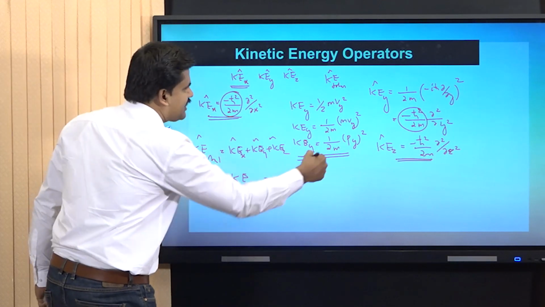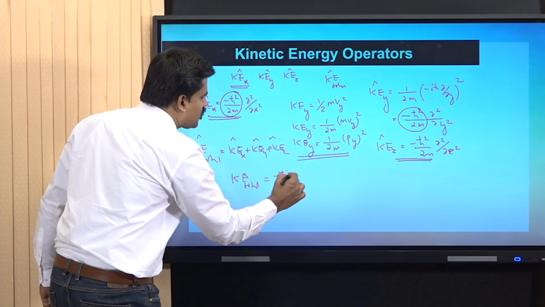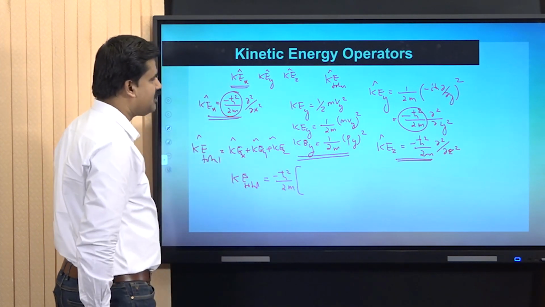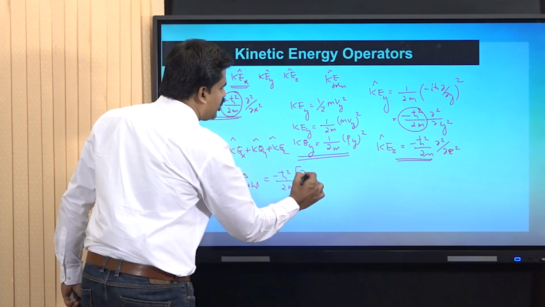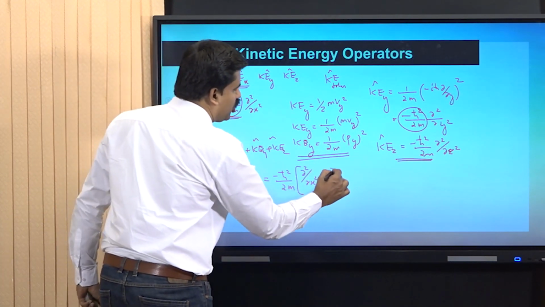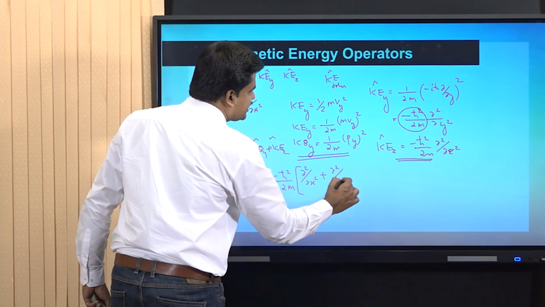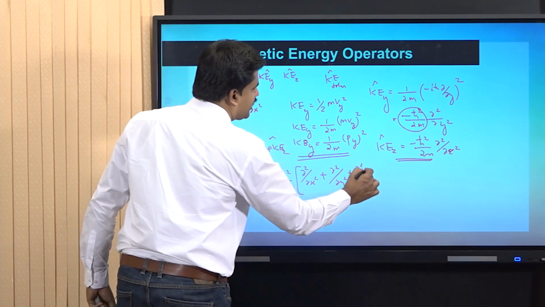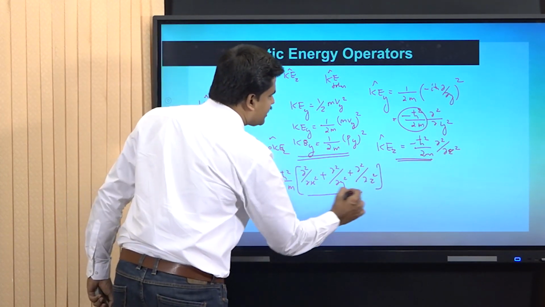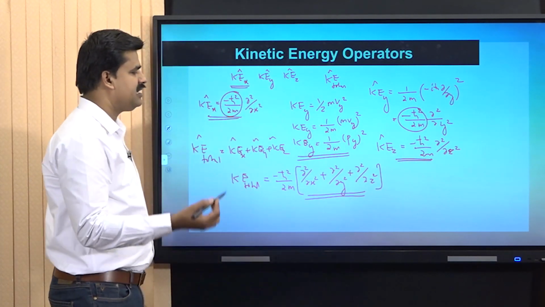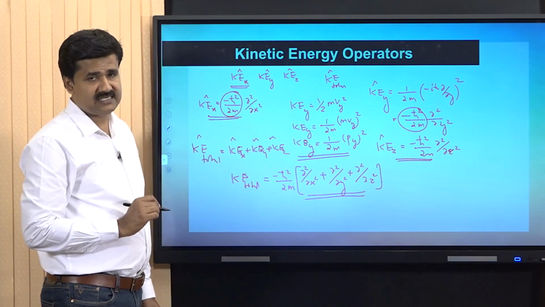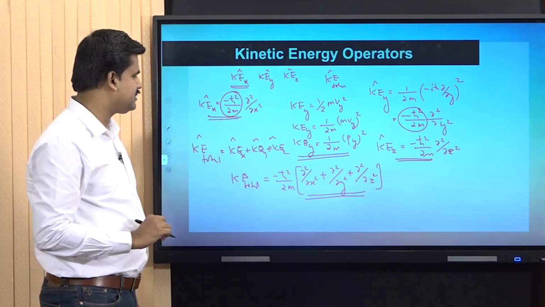So, minus ħ square by 2m can be taken outside as a common factor. Then ∂ square by ∂x square plus ∂ square by ∂y square plus ∂ square by ∂z square. This is an operator we already learned in the previous modules, called the Laplacian operator or Laplace's operator.